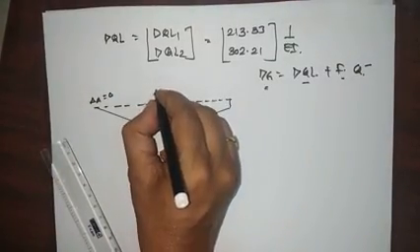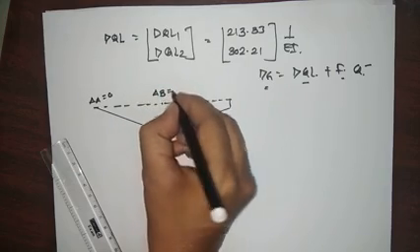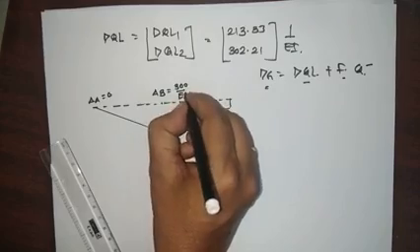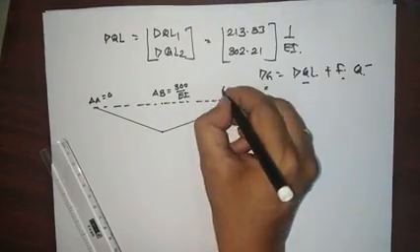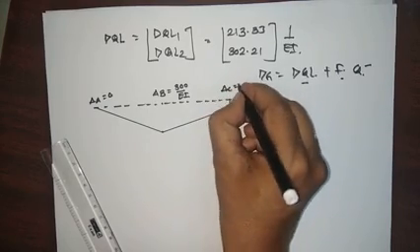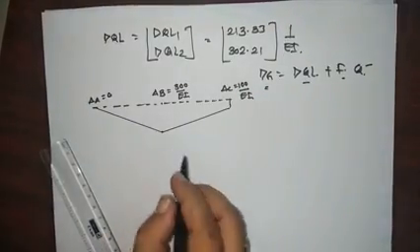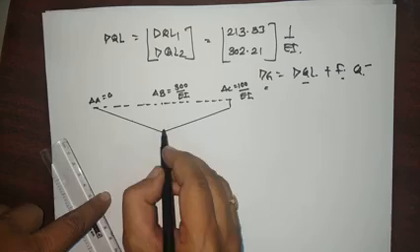Then delta B, that is the sink at B, is 300 divided by EI, and delta C, that is the sink at C, is 100 by EI. So now this is 300 by EI.